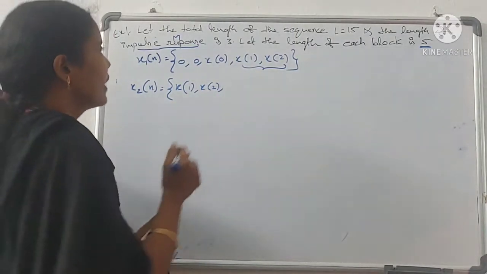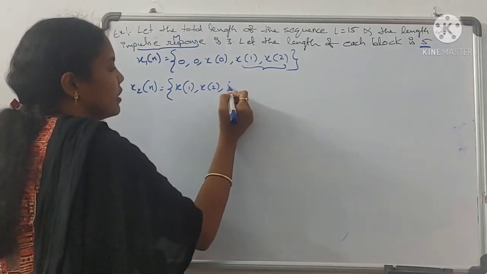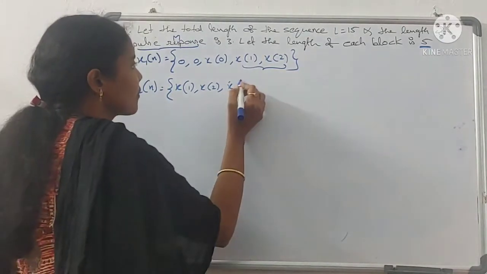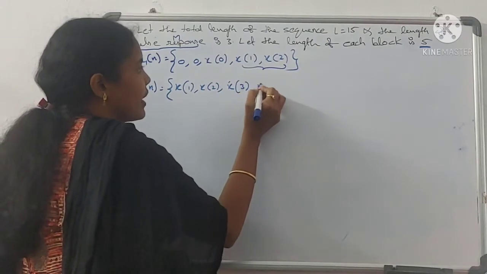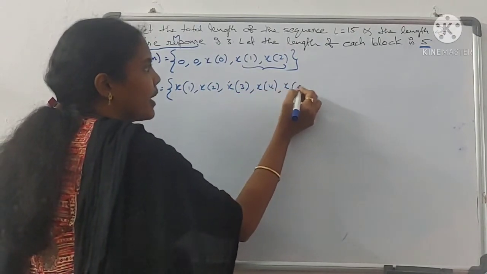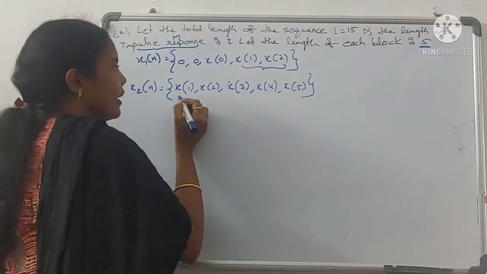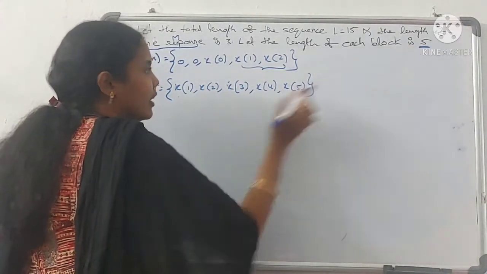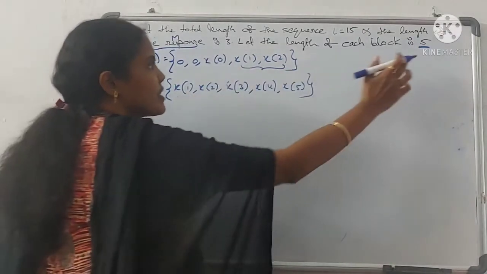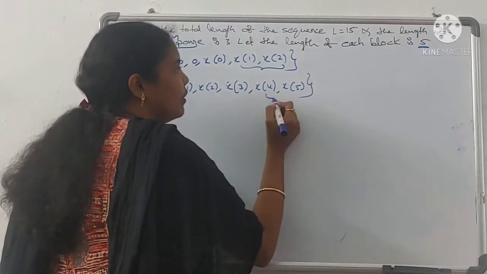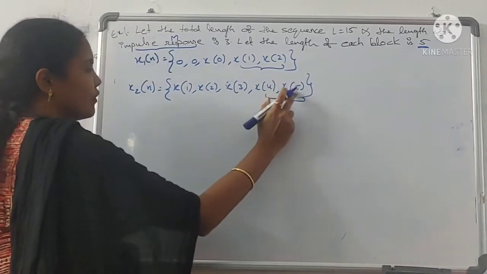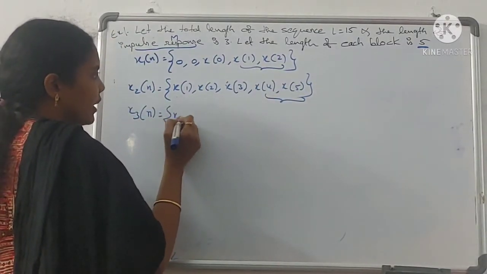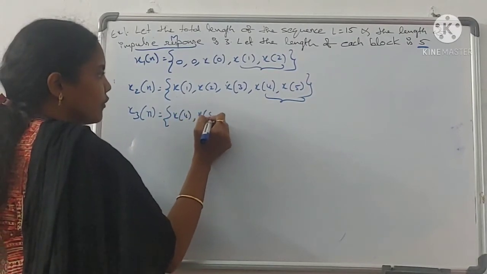Next you take x of 3, x of 4 and x of 5. Again the length is 5, so the x2 of n sequence length is also 5. Again you take x of 4, x of 5. So this is x3 of n.